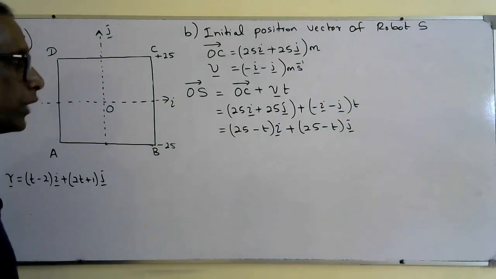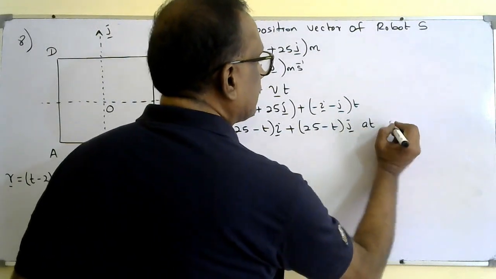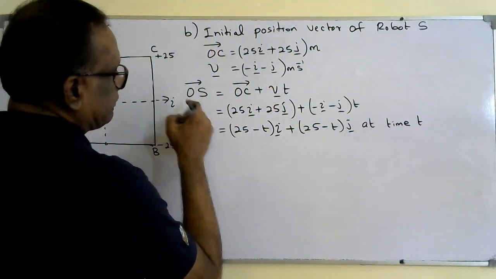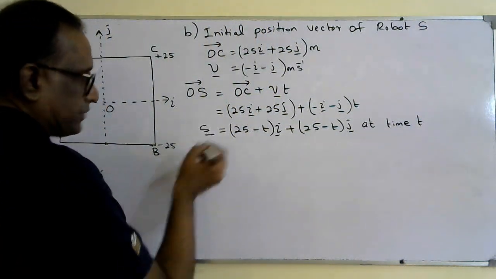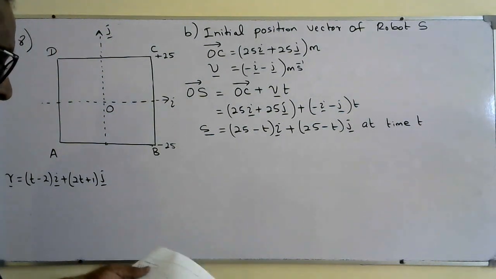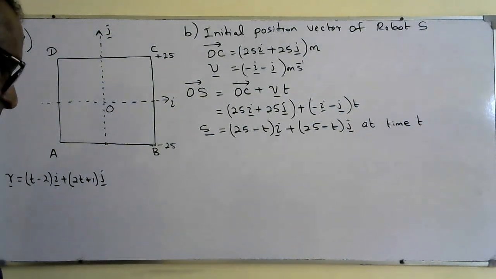That is OS at time t, the position vector OS, or vector S. So that is the vector S at time t: (25 minus t)i plus (25 minus t)j.